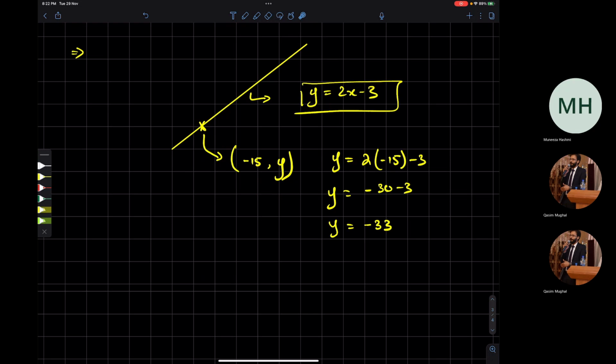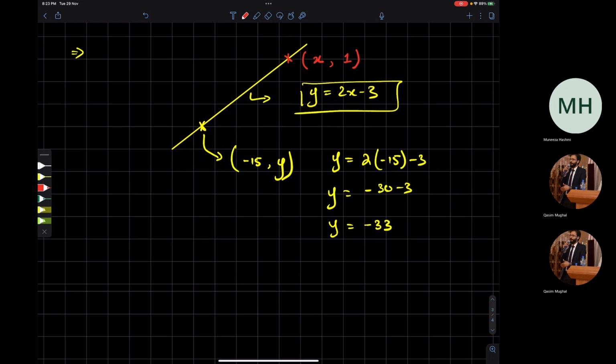Got it? Yes, sir. And exactly in the same way, if you have another point over here, you don't know the x coordinate of it, but you know the y coordinate, and let's just say it is plus 1. And you want to know what is the x coordinate of that. Then again, you can easily find that out by putting this point into its own equation. Why? Because I know that this point is on this line. So all you have to do is put this point into this equation and you will have the x coordinate.